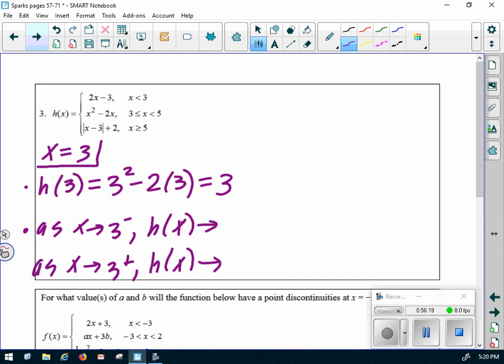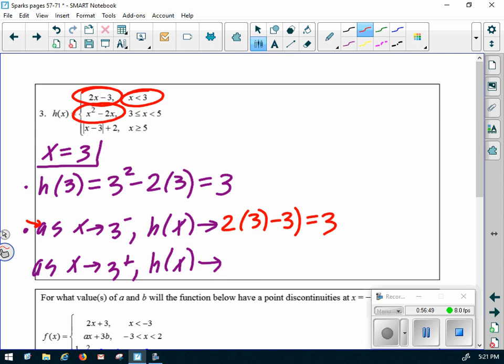So let's start with from the left. We're going to start with this one. As x approaches 3 from the left, this is the equation you're going to have to use because these constraints show the numbers, the x values that are less than 3. So I've got 2 times 3 minus 3. That appears to be 3. As x approaches 3 from the right, I'm going to have to use this one because this has the numbers that are bigger than 3.